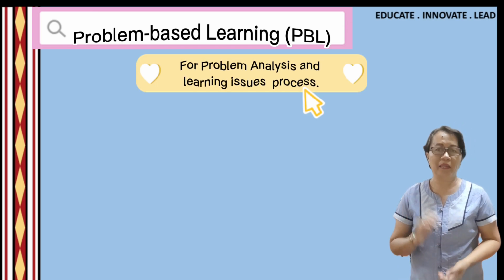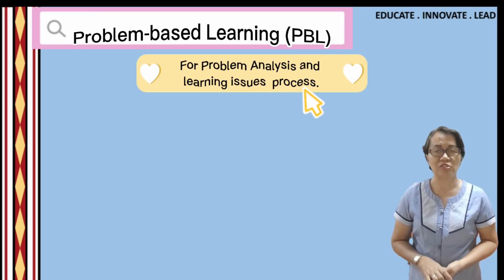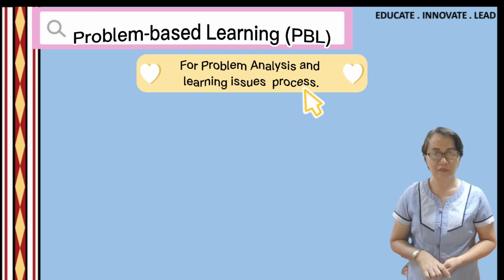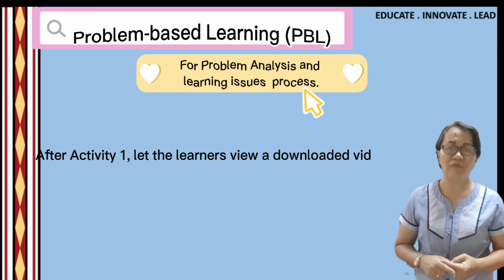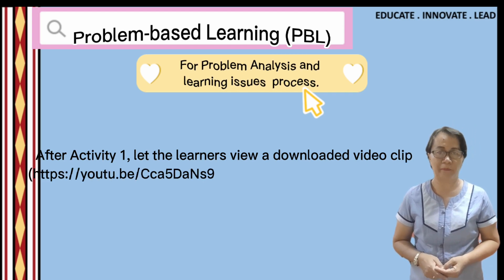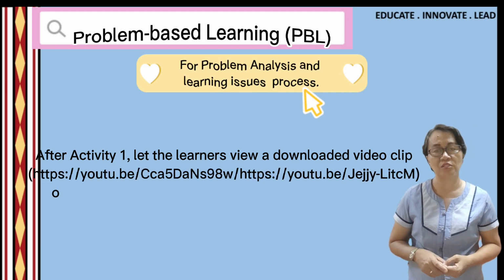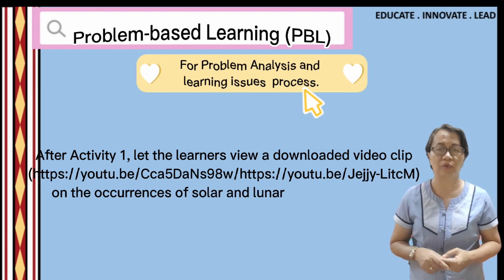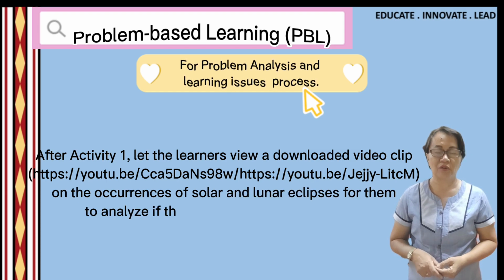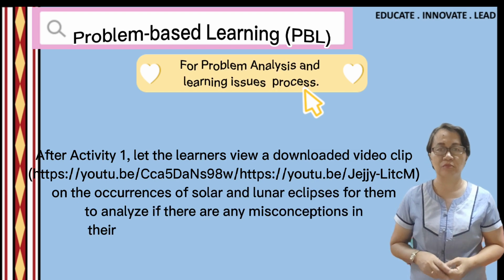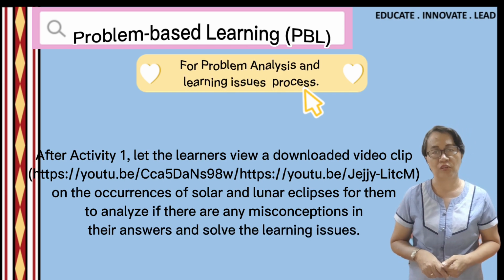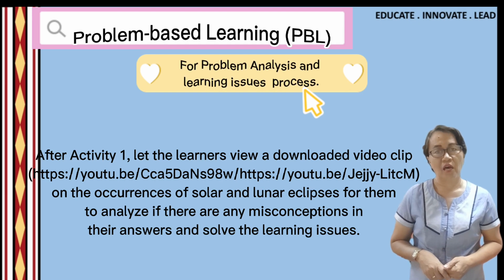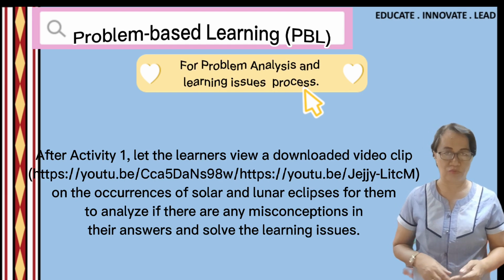For the problem analysis and learning issues process of PBL, after Activity 1, let the learners view a downloaded video clip on the occurrence of solar and lunar eclipses for them to be able to analyze if they have misconceptions in their answers and solve the learning issues.